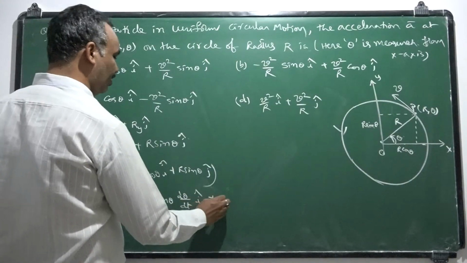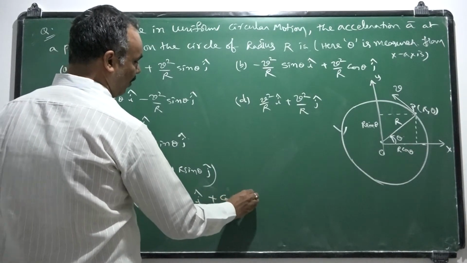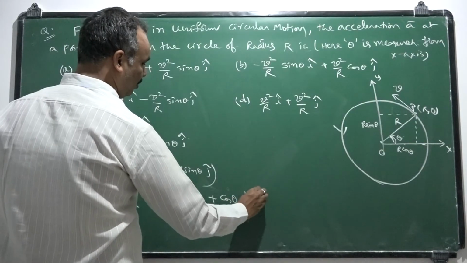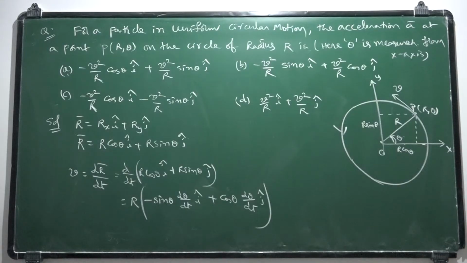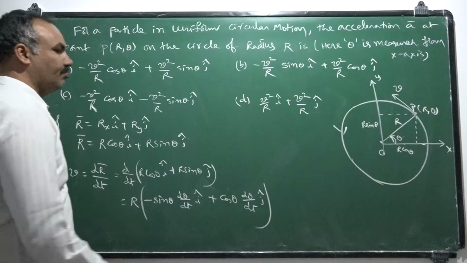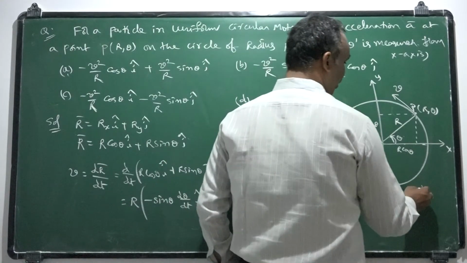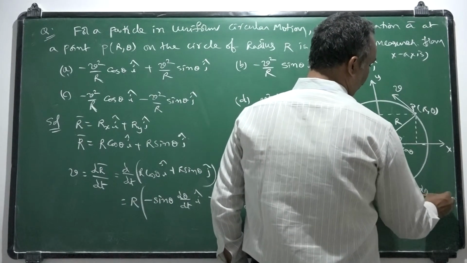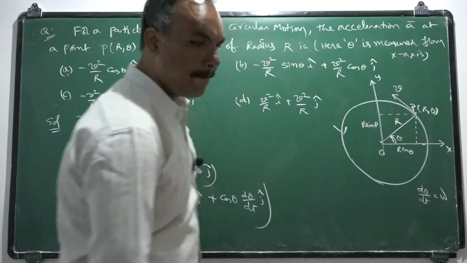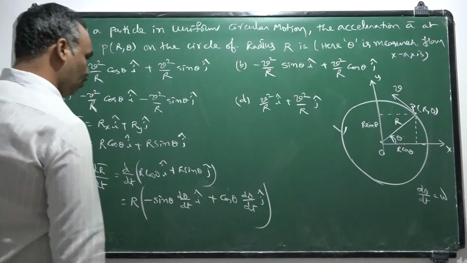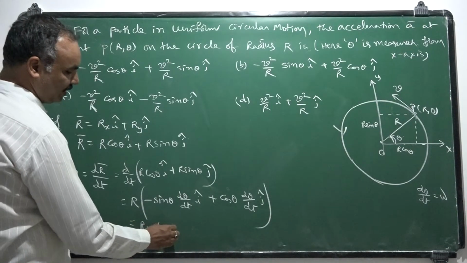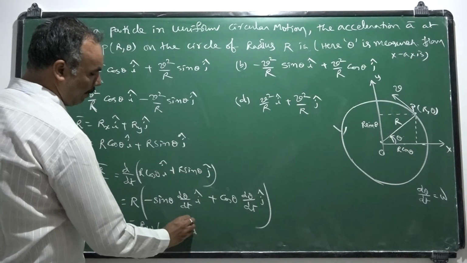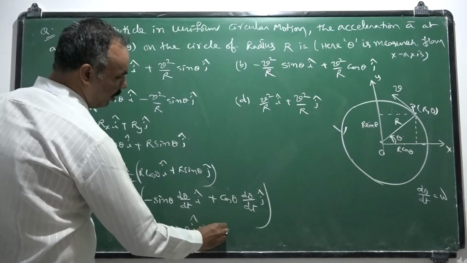Again for sin theta, the derivative is cos theta d theta by dt j cap. R is common for both the terms. And you know that rate of angular displacement is angular velocity. So wherever d theta by dt is there, it should be replaced with omega. So omega is common in both the terms. So r omega times minus sin theta i cap plus cos theta j cap.